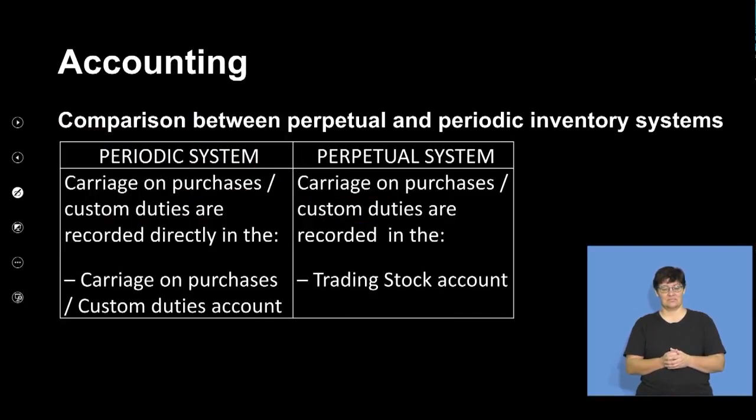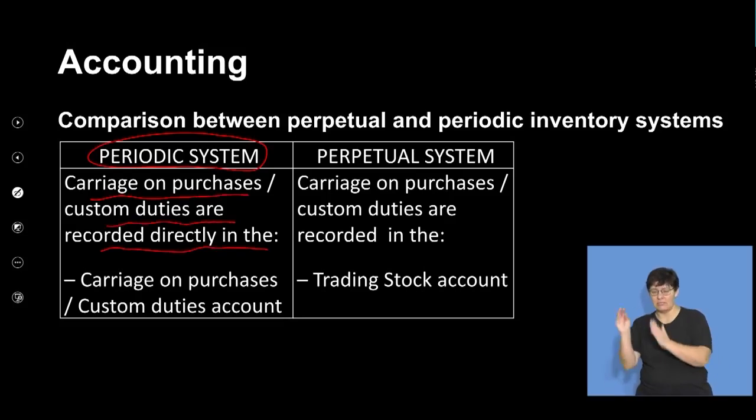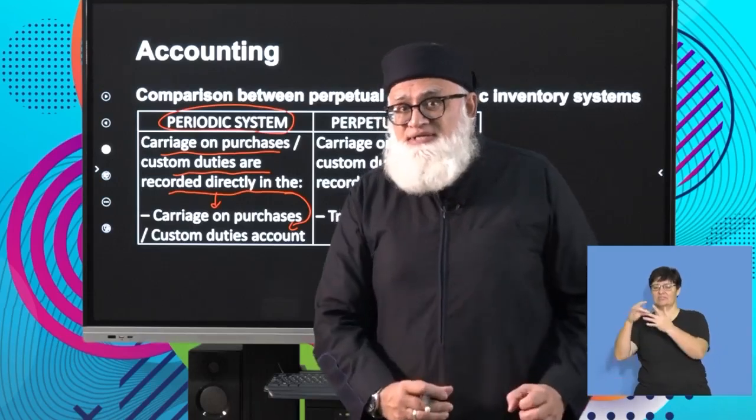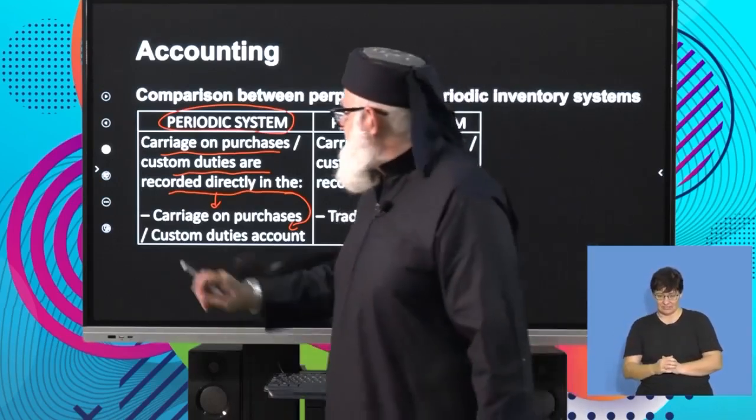When we're looking at the periodic system, carriage on purchases and customs duties are recorded directly in the carriage on purchases account or the customs duties account. So you have designated accounts to record the carriage on purchases and the customs. Each one has a unique and separate account in the periodic inventory system.